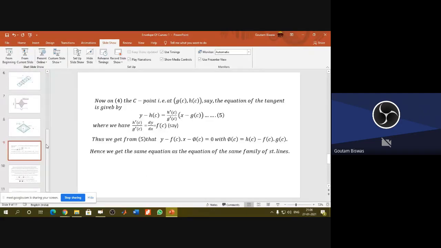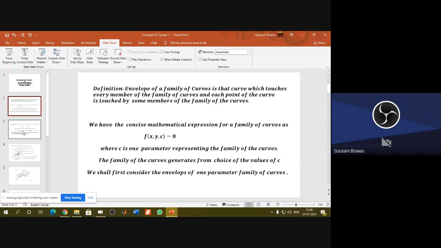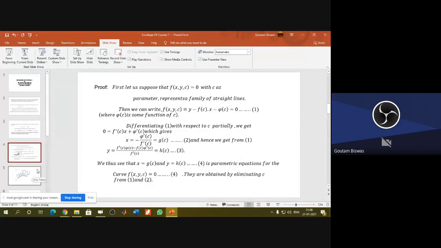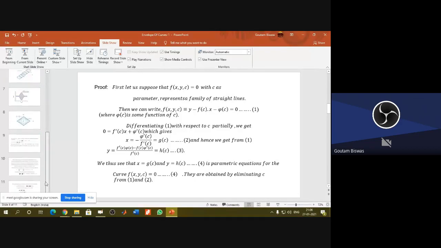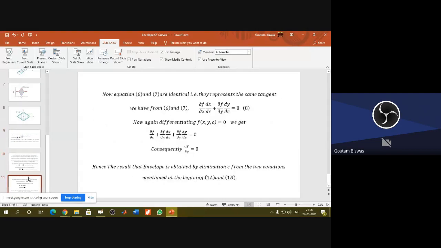This is mostly about your envelope, how to find it, but there are two theorems that I will take in the next class. There are two theorems. This is the procedure to find the envelope.